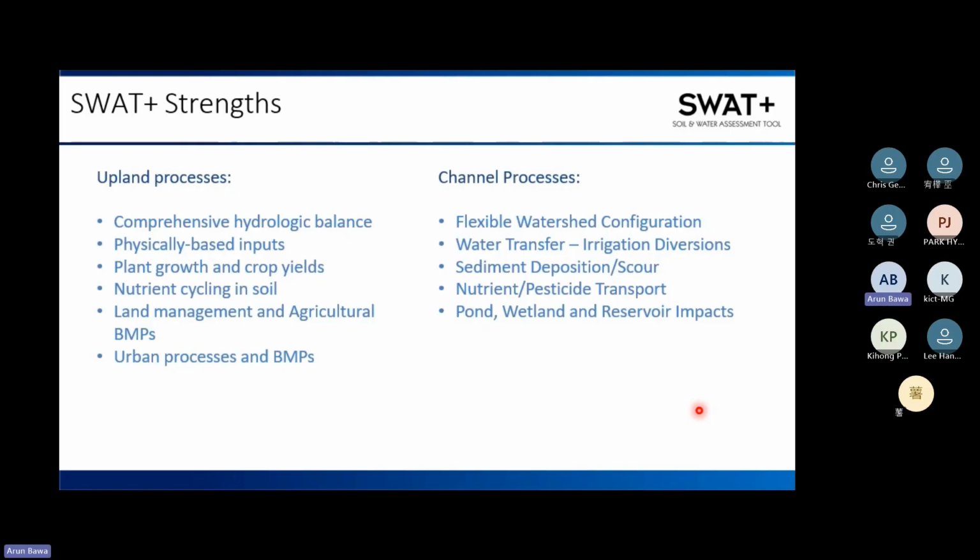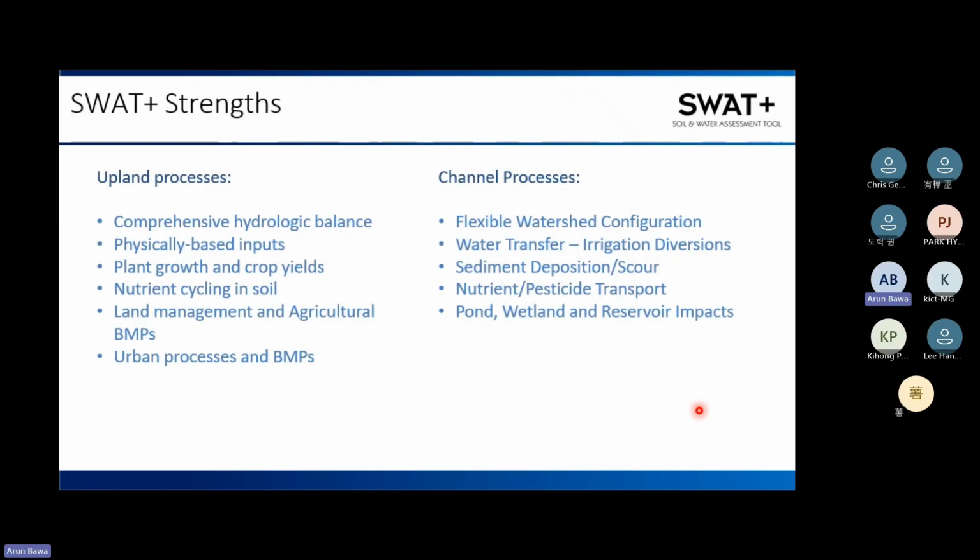Literally, you can control each of the processes. Even if you don't want to control it, if you use our default values, it will still give you an acceptable response. Why am I saying that? Because I use SWAT a lot.